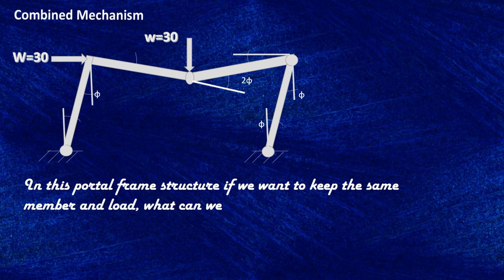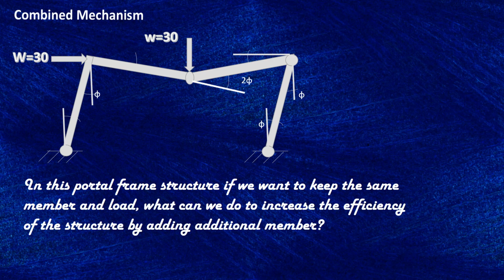Now, what can we do if we have to keep the same portal structure with the same load, and we've been assigned to make the analysis of an existing structure? We have this kind of problem. What can we add as an external member to keep this structure safe? Now there are, of course, a number of solutions.